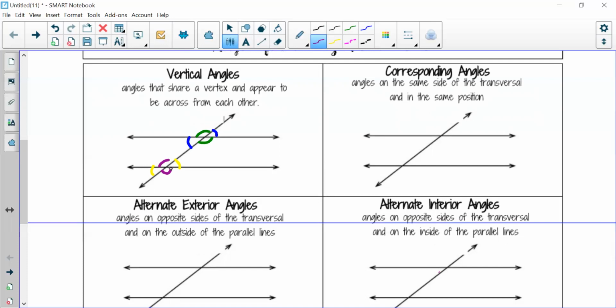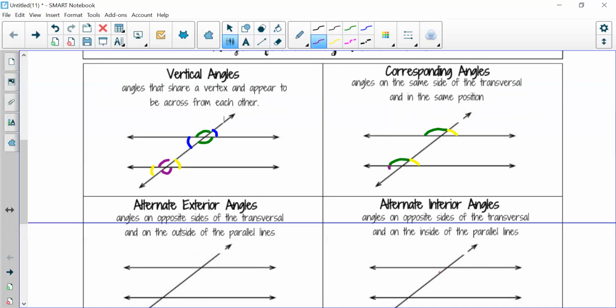Corresponding angles. Let's slide over here. Y'all, what do you know about corresponding angles? They are on the same side. They're in the same place, but on two different what? They're on two different parallel lines. So look, this green angle corresponds to this green angle. Okay. Y'all, that's why it would be really great for y'all to have color pencils. Okay. Those two yellow angles correspond to each other.